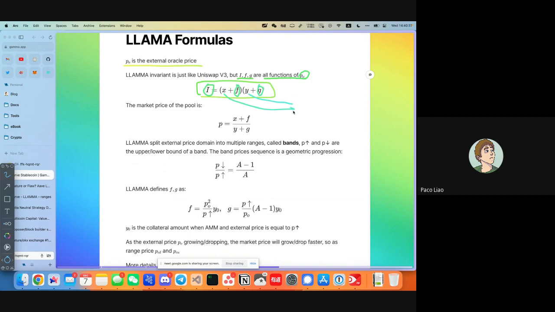So X normally means USD, and Y means ETH. So the pool price, and we can assume F and G are the virtual tokens similar to Uniswap v3. And the pool price will be X plus F divided by Y plus G. This is the pool price.